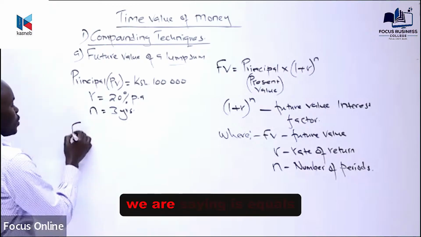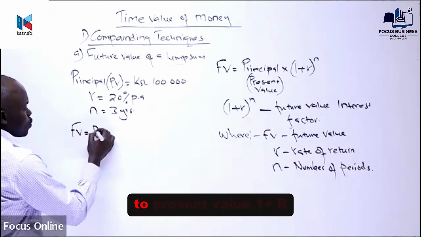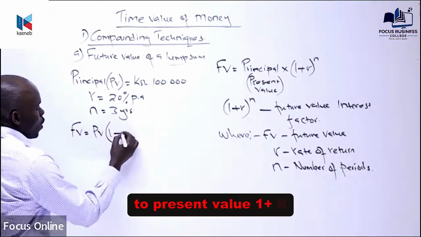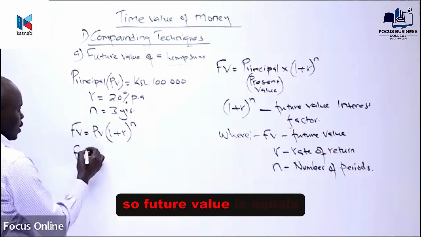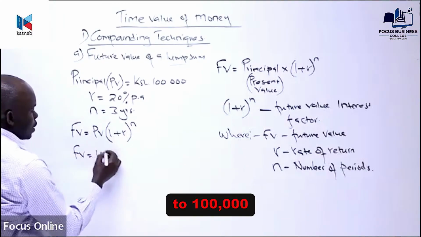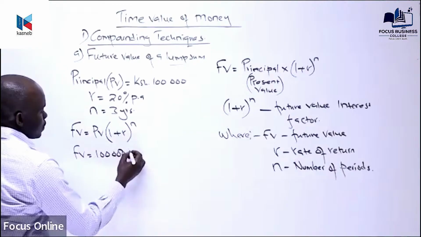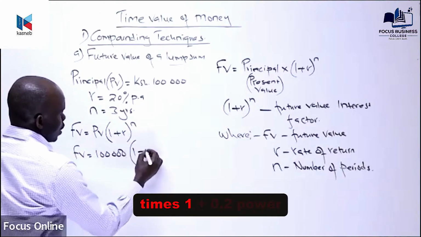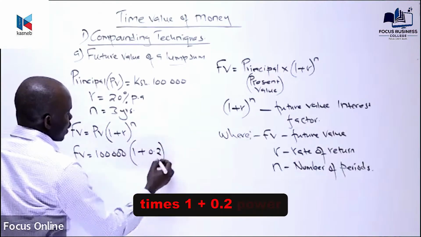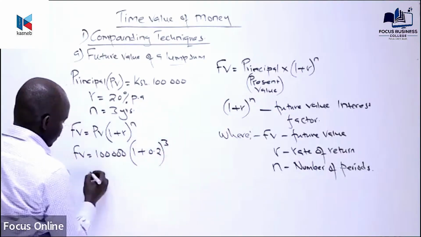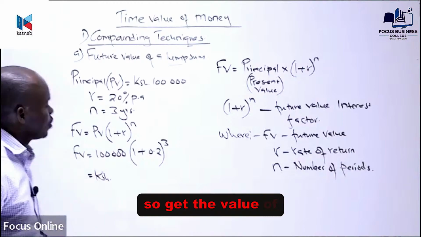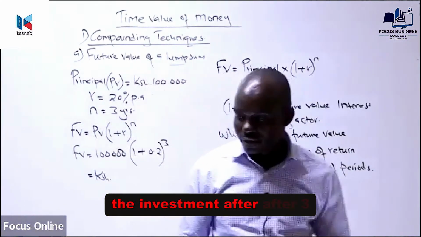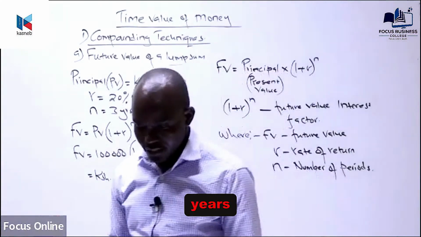So future value is equal to present value times 1 plus R power N. Future value is equal to 100,000 times 1 plus 0.2 power 3.